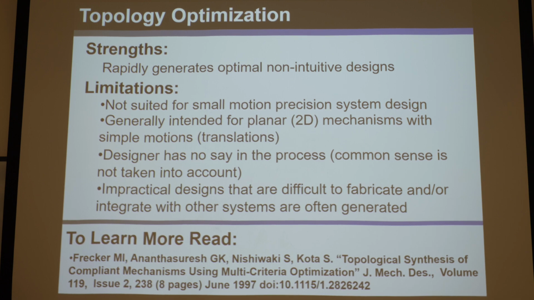One of the problems is that a lot of the designs that are generated end up not being very practical to implement. You know, we like 90-degree angles and nice features that can easily be fabricated and are clean and geometric and everything. So when topology optimization generates these very organic, bizarre-looking structures, they're kind of difficult to implement in real practical machines.